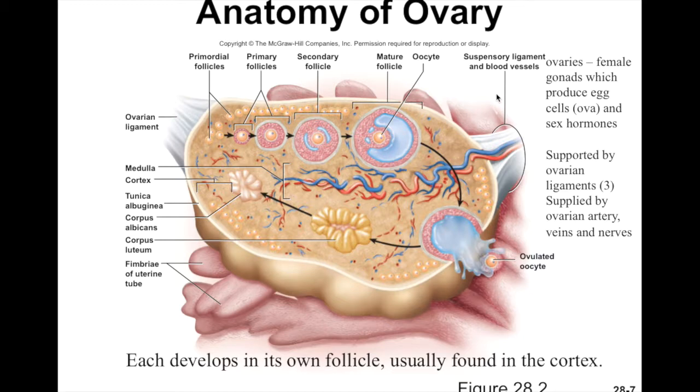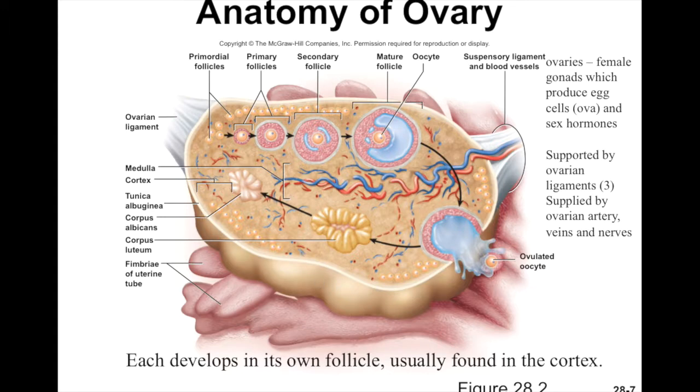The egg cells that we talk about are the ova. The ovaries also produce a lot of hormones. So besides your regular ovarian cycle, you are also producing a lot of sex hormones at the time. That's why women who go through menopause or who have a hysterectomy, including their ovaries, will need to be on special synthetic hormones to try and regulate their body, because the ovaries are very important for hormone regulation in females.